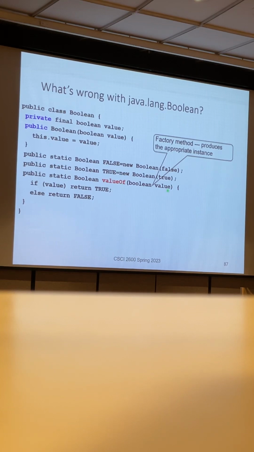And whenever you come with a Boolean value, you're not going to get a new object. You're going to get either a true object or a false object, one of the two existing objects. Right, so this is the boxed Boolean, of course, not the limited Boolean. All right, so that's their implementation of interning for Booleans in the standard Java library.